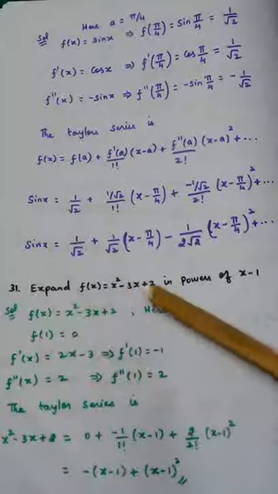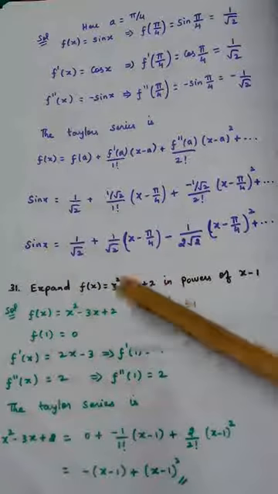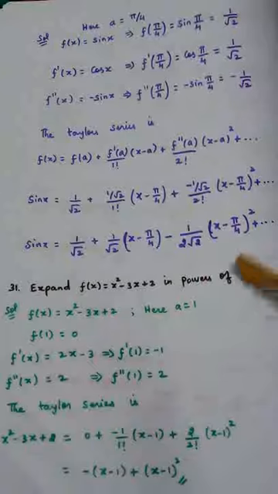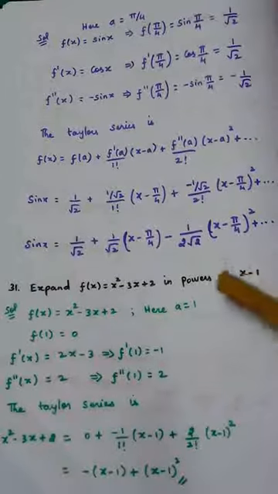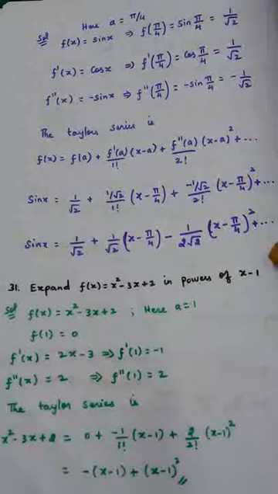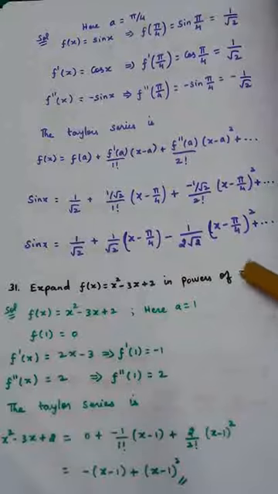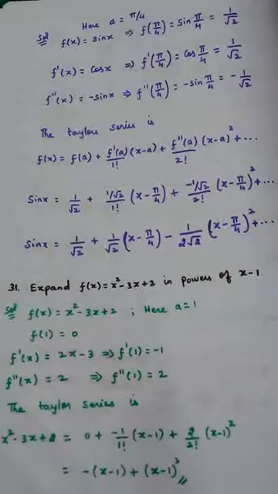How? The function is given, they are asking us to expand this in powers of x minus 1. So this is the important clue for us. If I put it equal to 0, x becomes 1. So that 1 should be taken as a. So whenever a comes, we will go for Taylor series. So that is how I am finding out I should expand this using Taylor series.